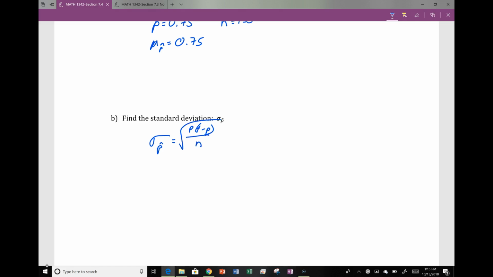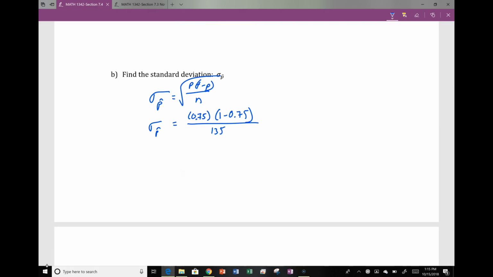So our p was 0.75 times 1 minus 0.75, and we had a sample of 135 freshmen. Well, 1 minus 0.75 is 0.25, so we multiply that by 0.75, then divide by 135, and the last thing we have to do is take the square root.